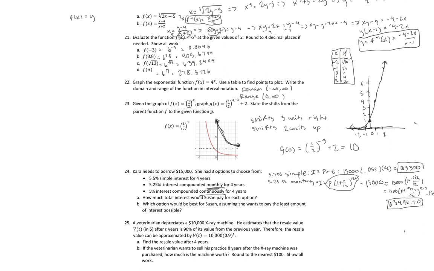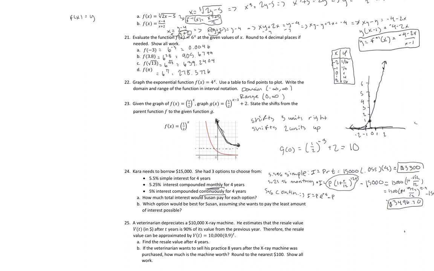All right, and so then if we do 5% continuously, our interest is equal to principal times e to the RT, and then minus our principal yet again, because the P times e to the RT gives us the total amount at the end, and we want just the interest.